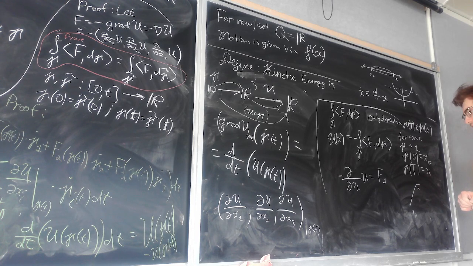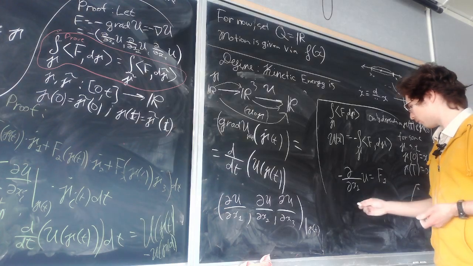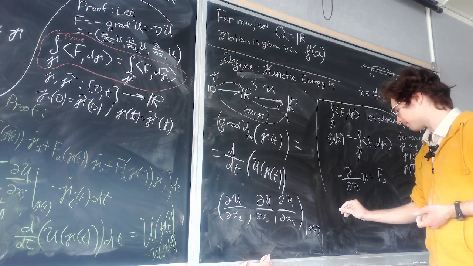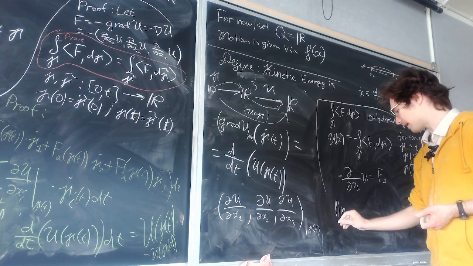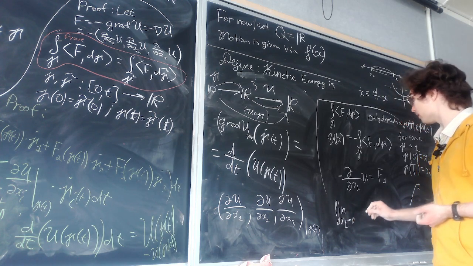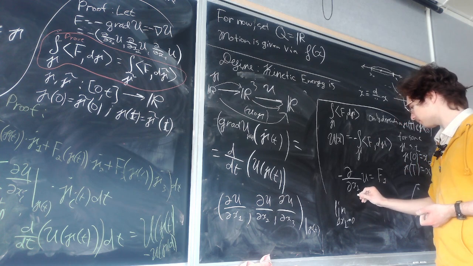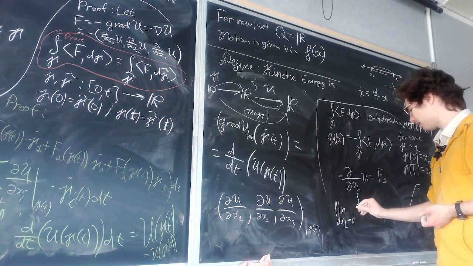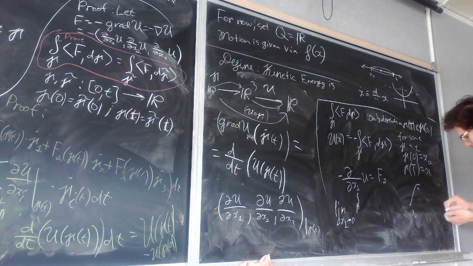Then what's the point? ∂u/∂x1 equals f1. I want to take the limit as delta x1 goes to 0 of this integral along, let's call this path gamma twiddle, and let's call this path gamma.